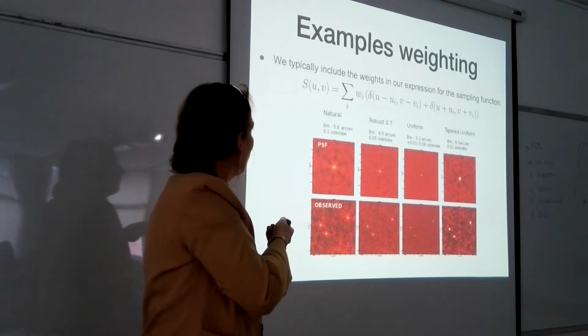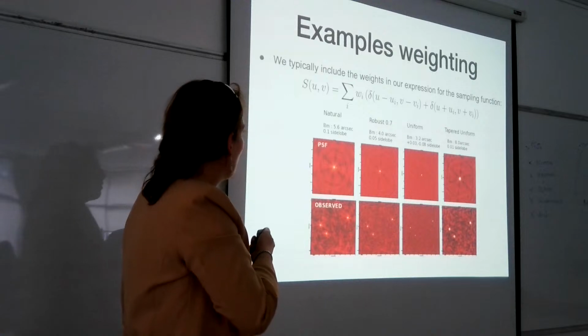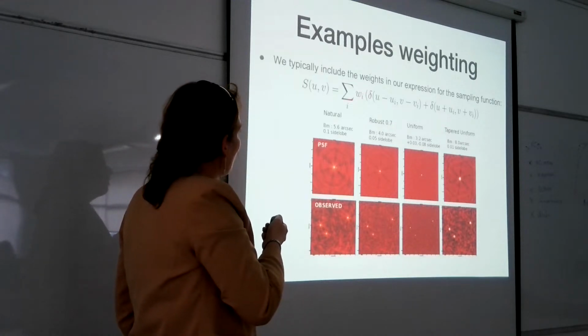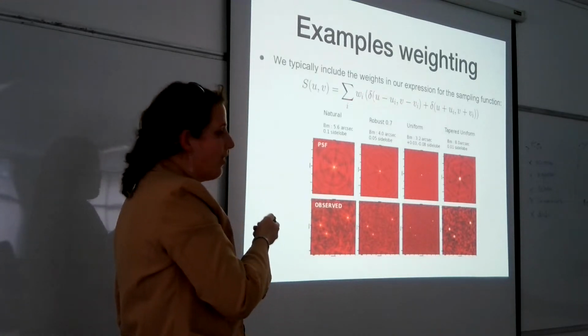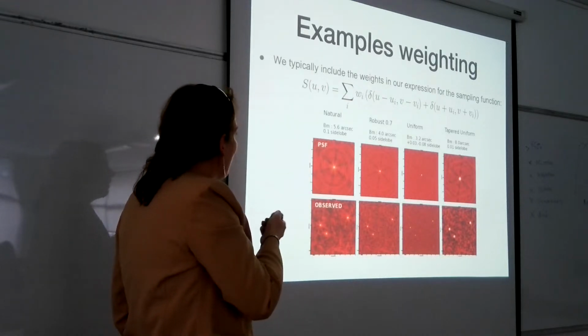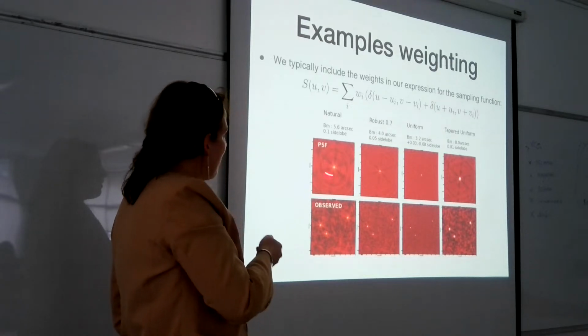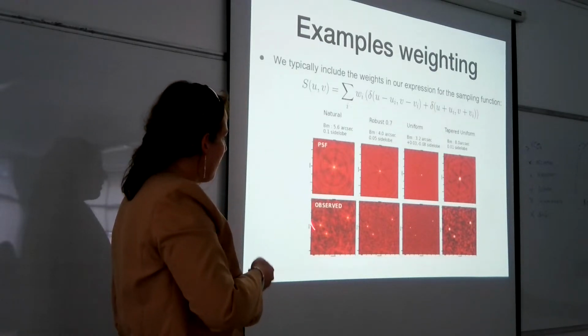This is an example of how that looks like for different weighting schemes. So say we have an image, we use the weights, so our choice of the weighting scheme in that sampling function. For natural weighting, this is how our PSF looks like, and this is our observation.